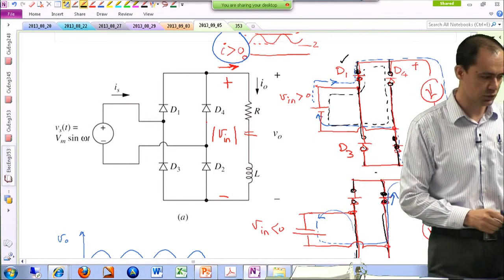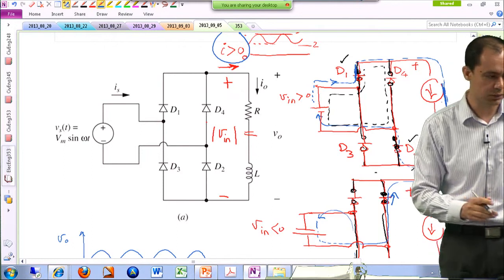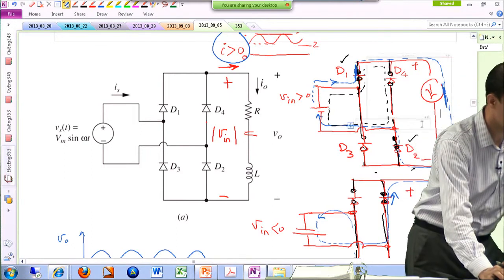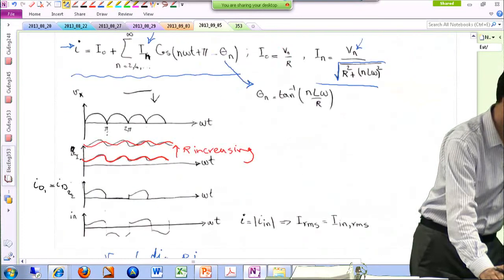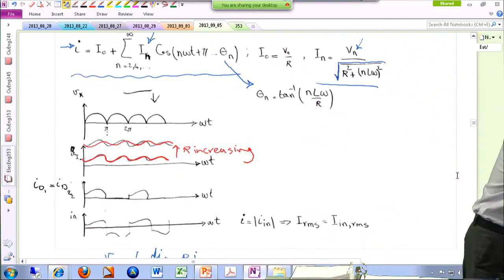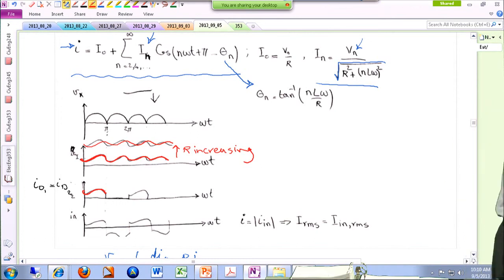So when the input voltage is positive, the current of D1 is the same as the output current. If I'm trying to plot this in the first mode, during which the input voltage is positive, all I have to do is follow the trend of the output current. So whatever I have here, I'm just going to plot it here. All right, so that's during the first mode, when your input voltage is positive.